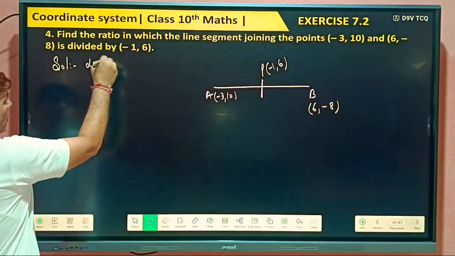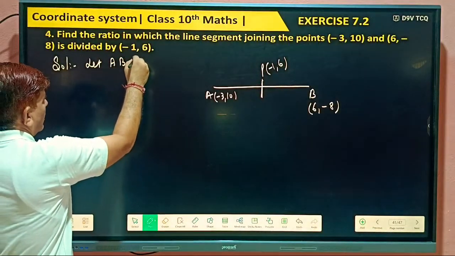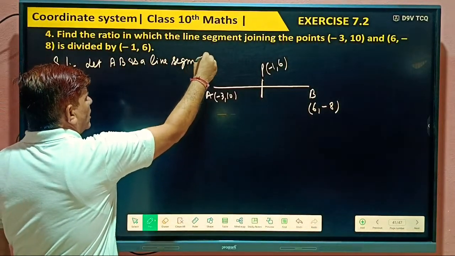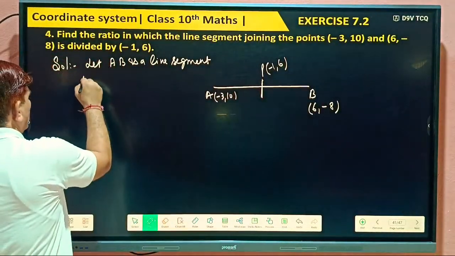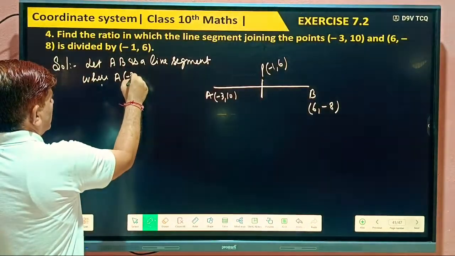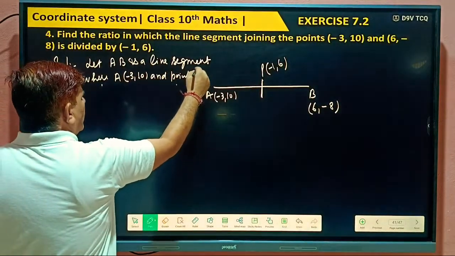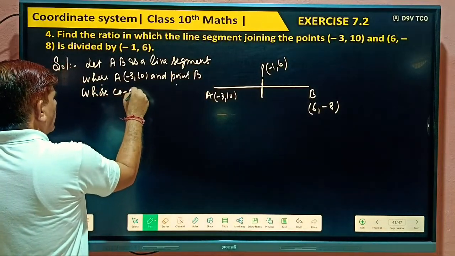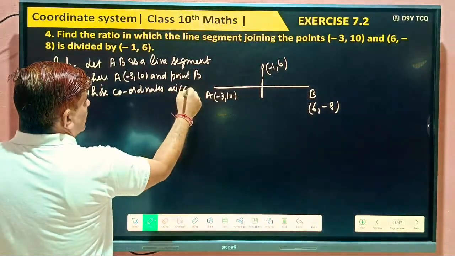Let AB be a line segment, meaning it has a starting point and an ending point, where A coordinates are -3 and 10, and point B whose coordinates are 6 and -8.